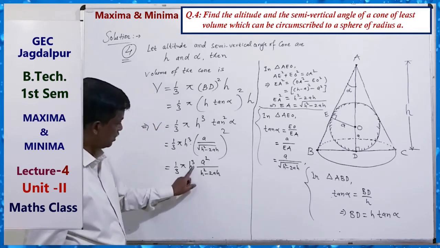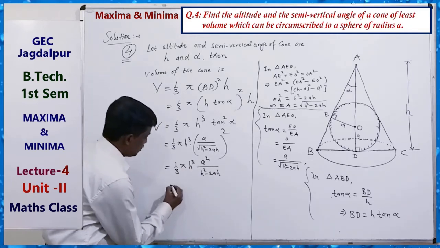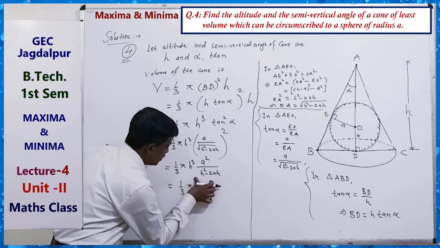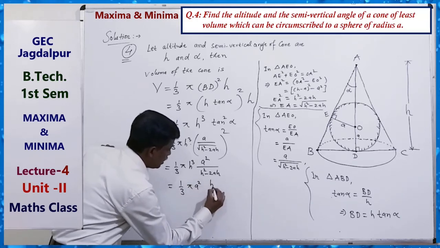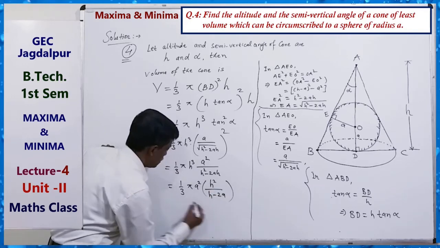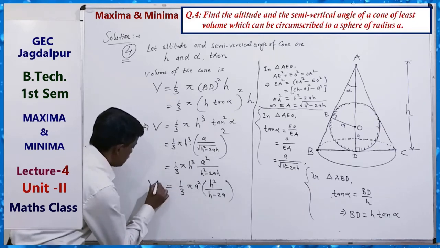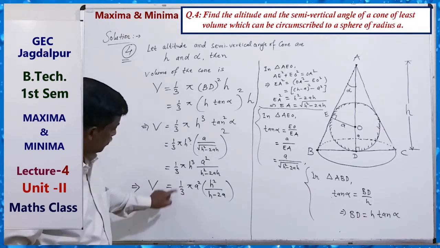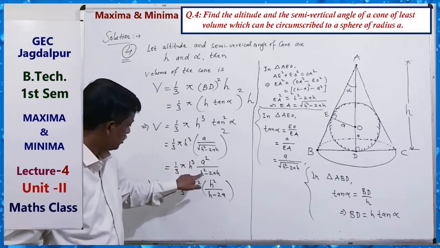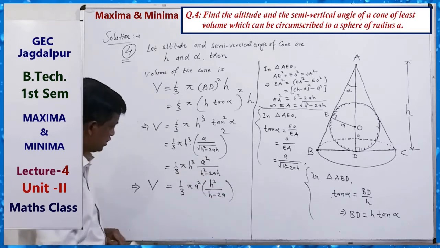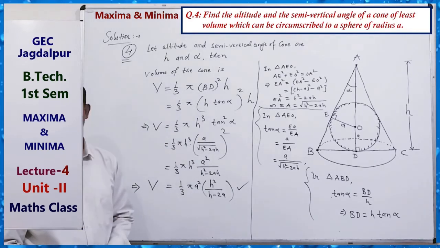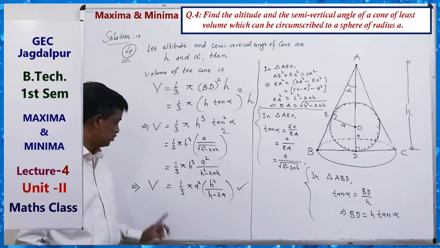One h is common and cancels out, so we can write 1 by 3 pi a square h square upon h minus 2a. This is our volume as a function of h.